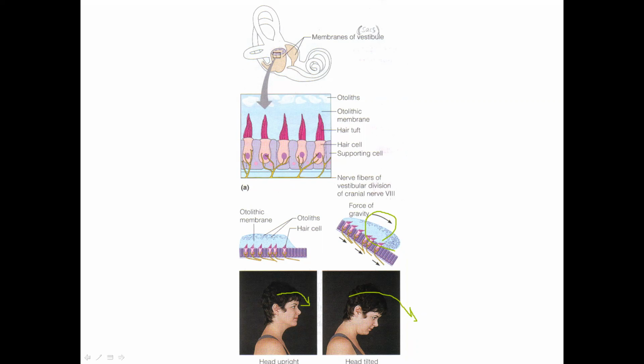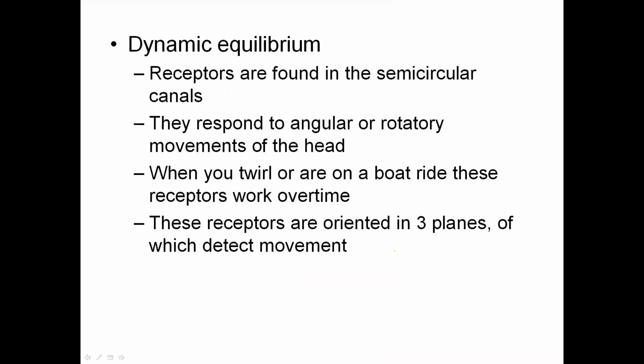So if I put you upside down right now, believe me, you would know you're upside down because of the change in gravity on the fluid that's in your ears. If I spin you, you would know. If I just had you look over your right or left shoulder, you would know that's what you're doing because of the pull of gravity and where you are in space.